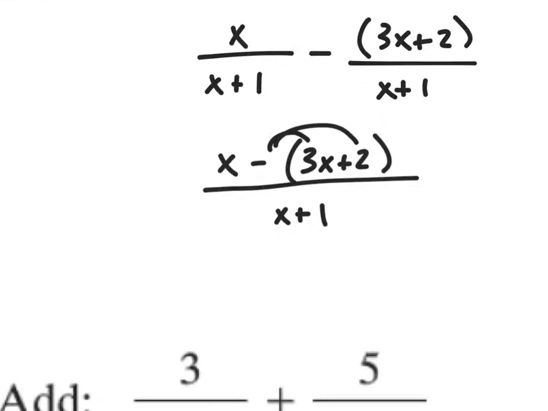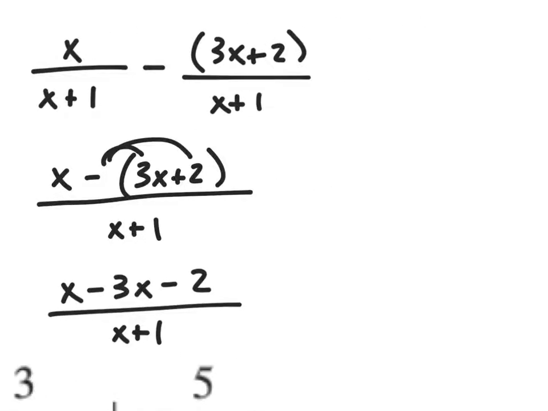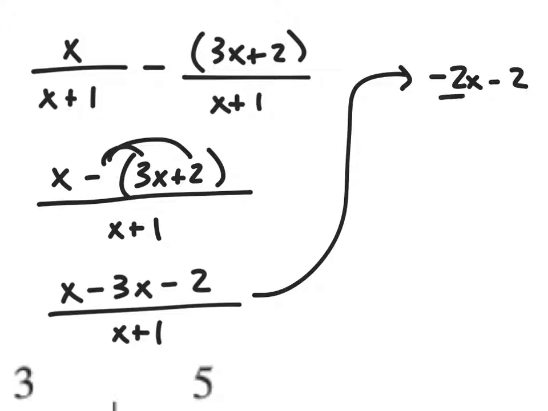That's going to give me x minus 3x minus 2 all over x plus 1. As a result, what I get is x minus 3x, which is negative 2x, minus 2, all over x plus 1.